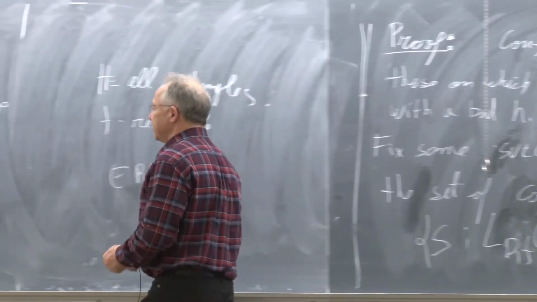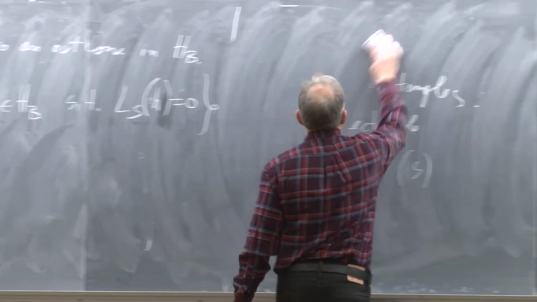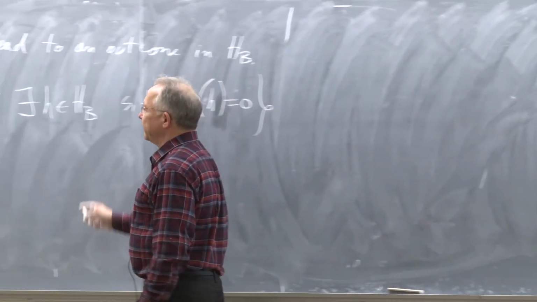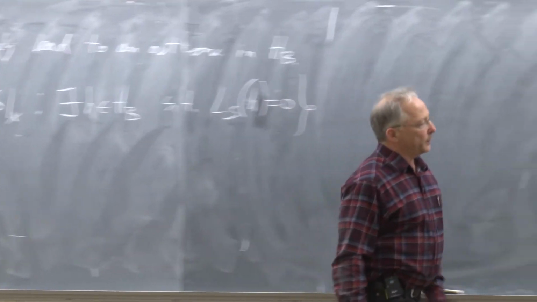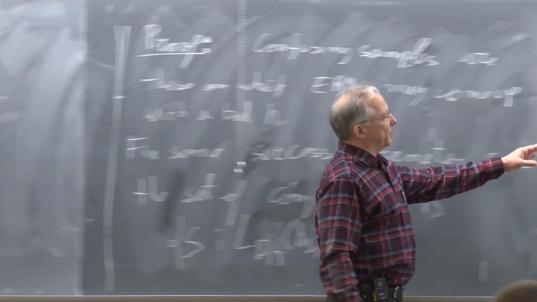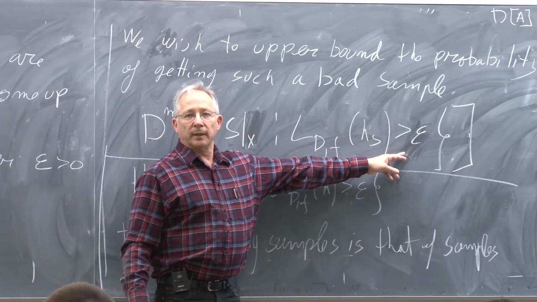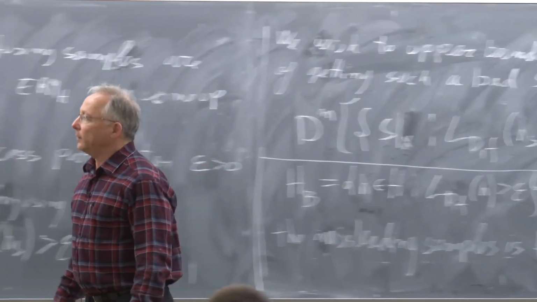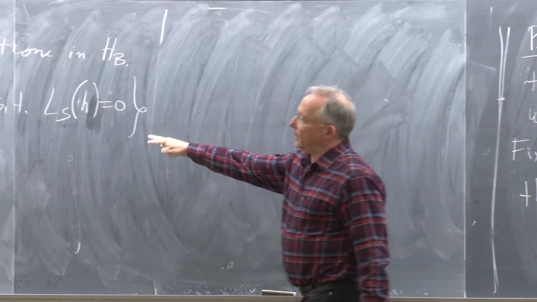So now the next thing I want to claim is that the set of bad S's that I want to upper bound is a subset of this. We wanted to upper bound the probability that we will find an S that leads to a big error. S will lead to a bad error only if S is here.